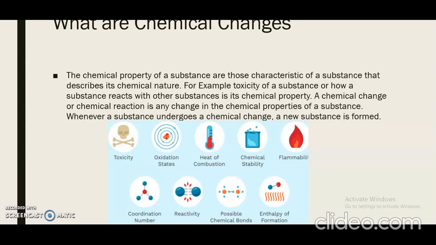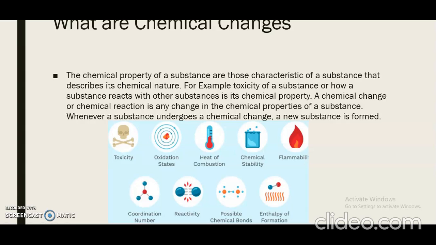In simple words, a chemical change is where a new substance is formed and the properties of the substances have been changed. So these all are factors of chemical changes.